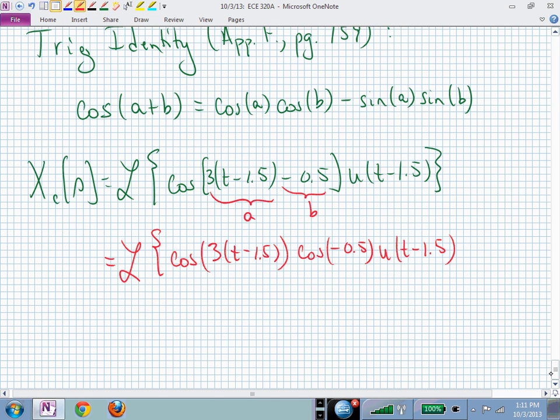And now I subtract from that this product of sines. The sine... are we any better off? Did we just make it even messier?